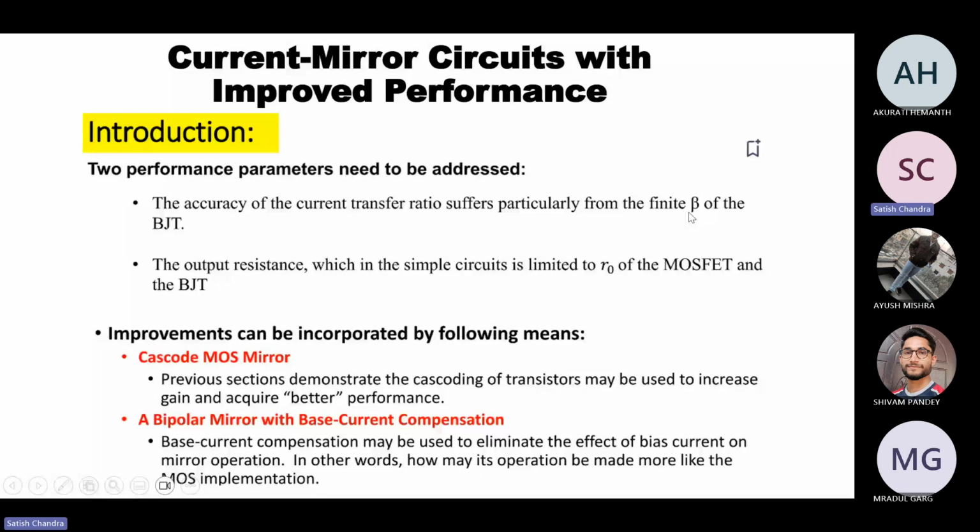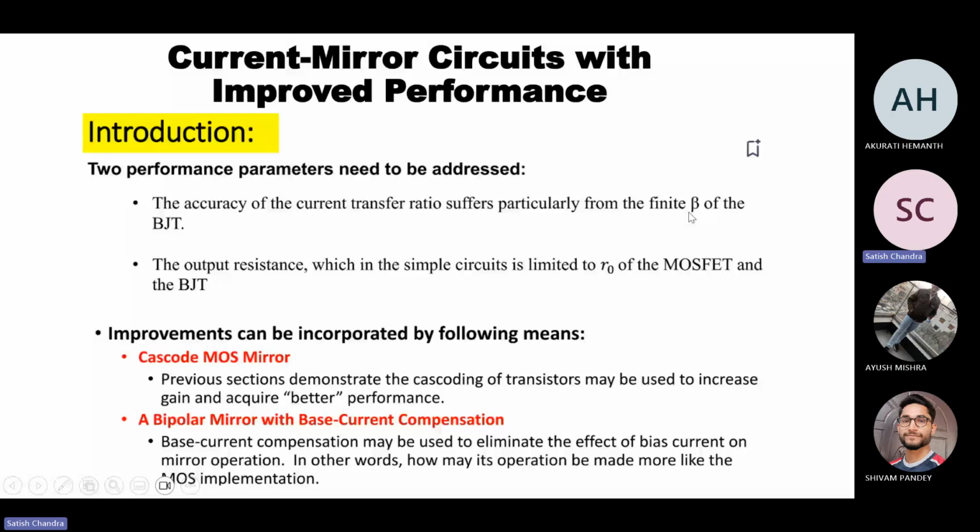Current compensation, we're going to look into this basically in these slides. The cascode means we cascode another mirror basically. We have the same advantages because we're going to improve it.